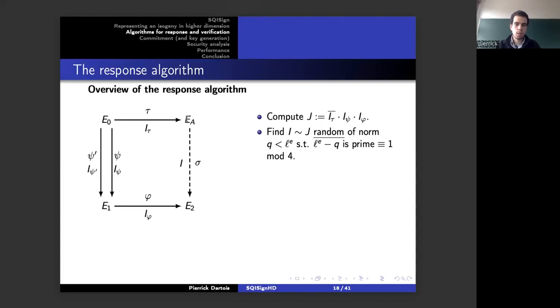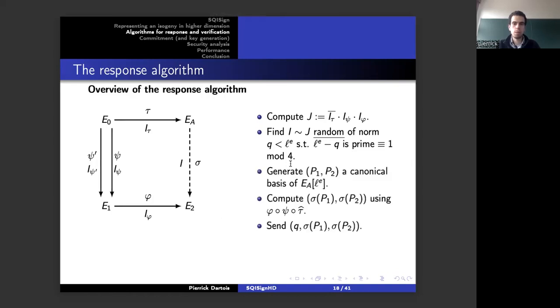So we take an ideal, which is just the path from the secret key, the commitment and challenge, this ideal J here, and we find a random equivalent ideal I to J, which has a good norm, meaning L to the E minus Q is prime congruent to 1 modulo 4 to be able to represent our isogeny.